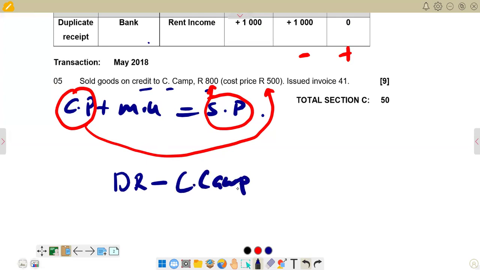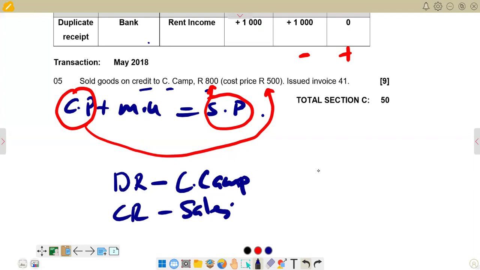If we had sold these goods for cash or bank, we would debit the bank. But in this case we are selling on credit, so you debit the person we are selling to, and then we credit sales. We must take note that the sales account is always credited. We don't debit the sales account.